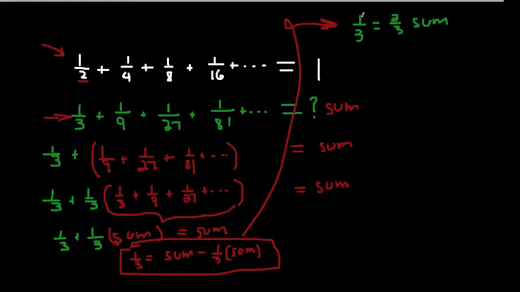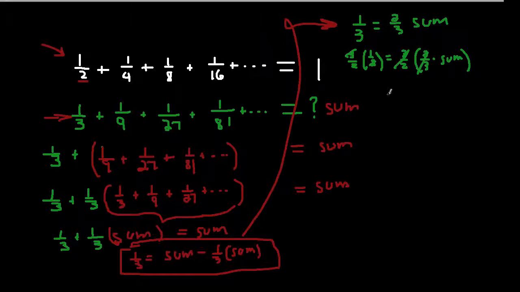Okay, now I multiply both sides by 3/2. 3/2 times 1/3 equals 3/2 times 2/3 sum. Okay, 3/2 cancels with 2/3 here, and I get 3/2 times 1/3. 3/2 times 1/3 is 1/2.